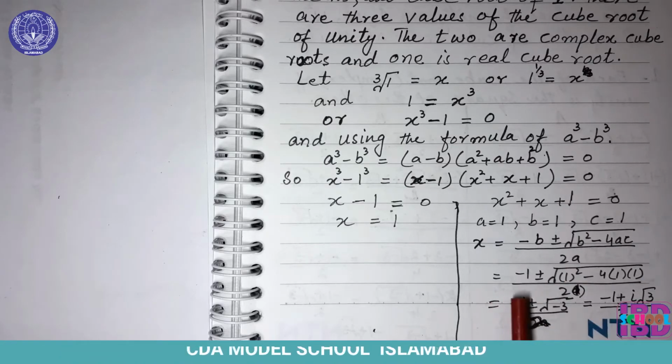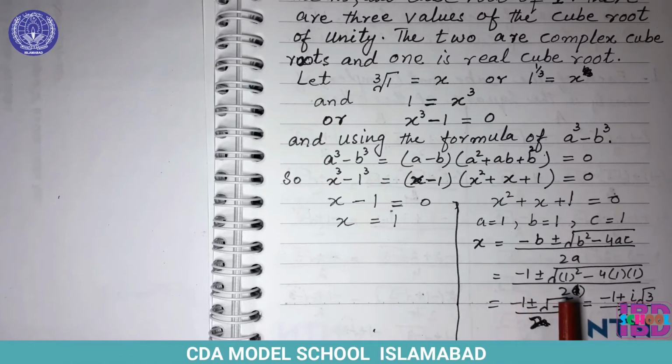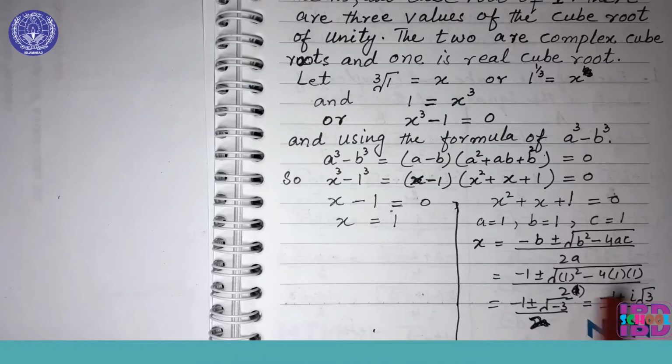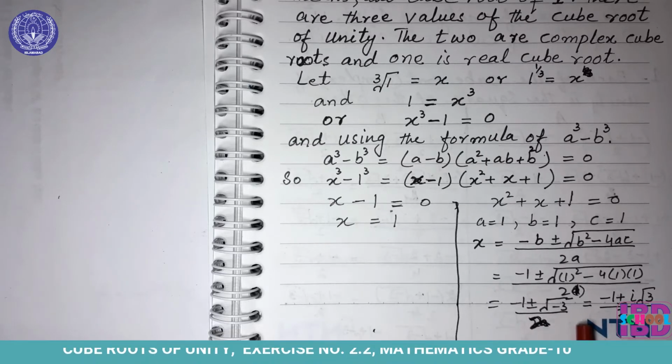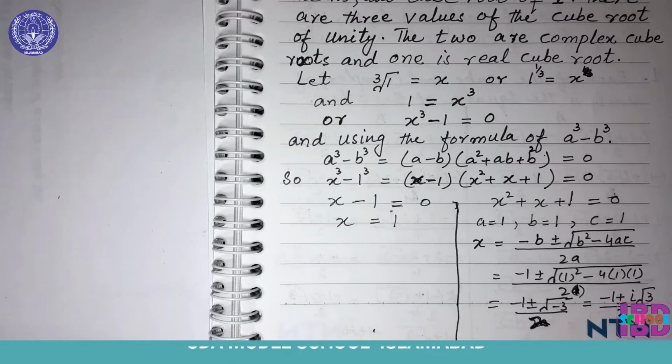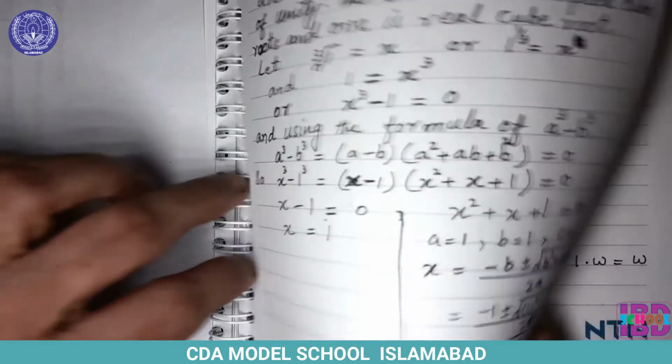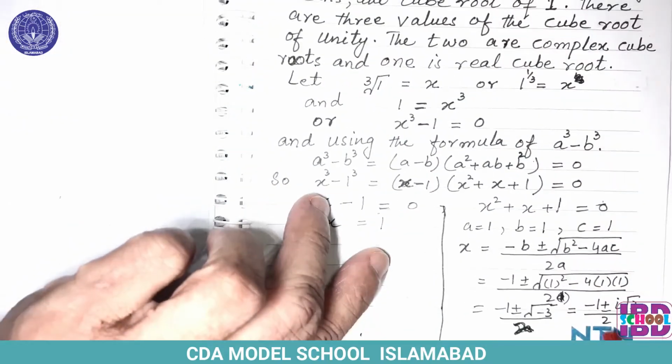Here x is equal to minus 1 plus minus under root 1 square minus 4 into 1 into 1, by 2 into 1, is equal to minus 1 plus minus under root minus 3 by 2, is equal to minus 1 plus minus iota under root 3 by 2.